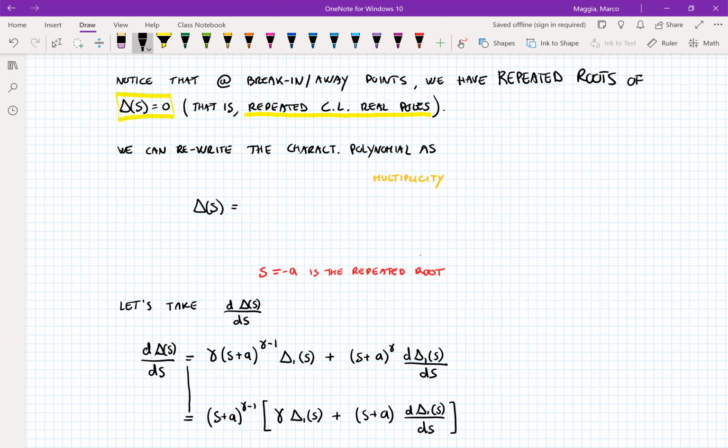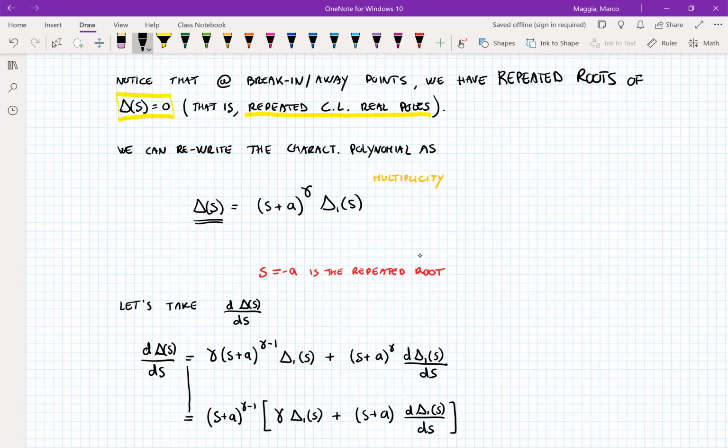But here the concept is that at the break-in or breakaway points, we can rewrite the characteristic polynomial as (s plus a) to the power of gamma times delta 1 of s.